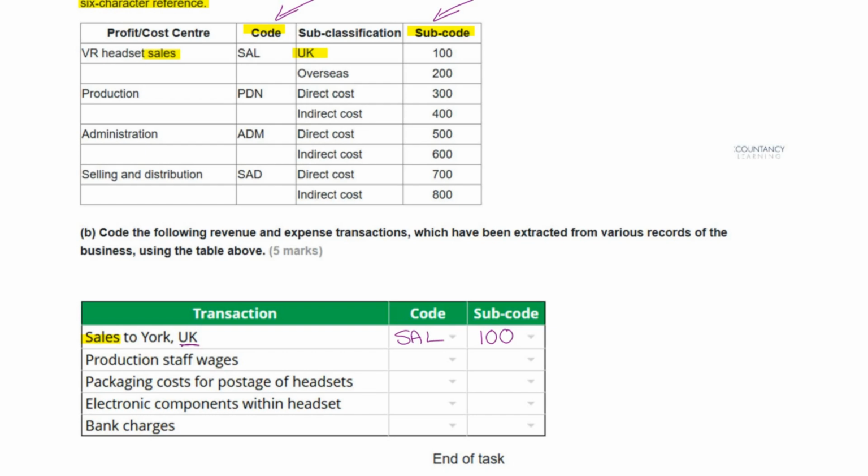For production staff wages then, we're going to be looking for production first of all. So we're looking at our production cost centre here. So our code is PCTN.